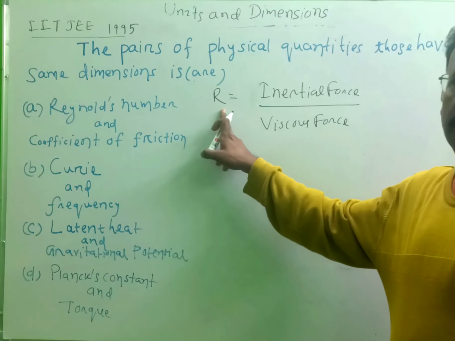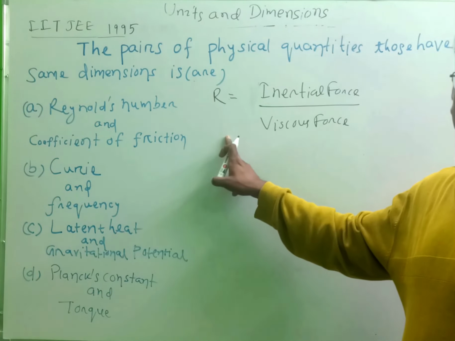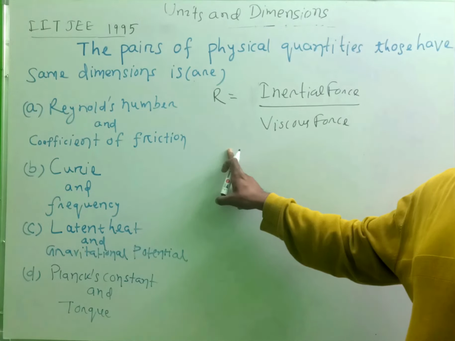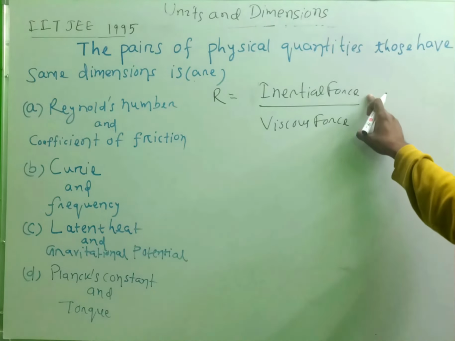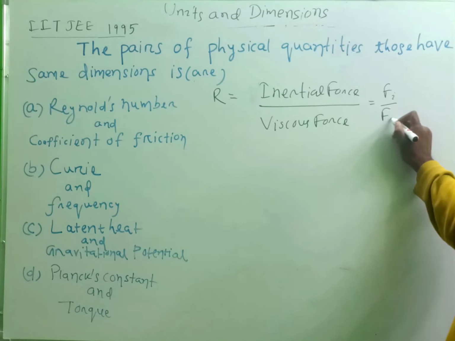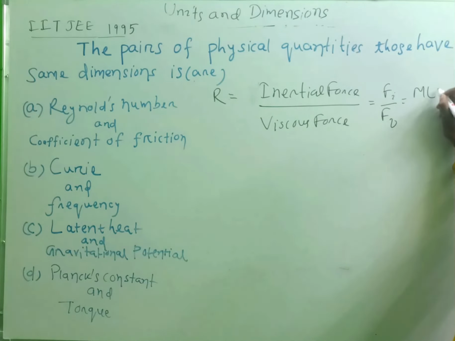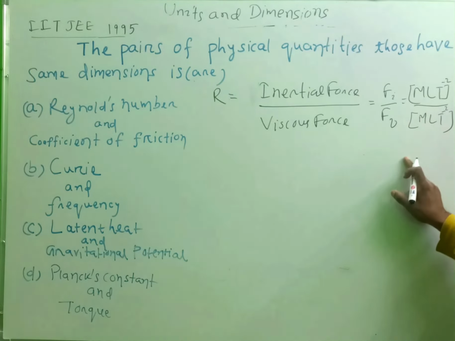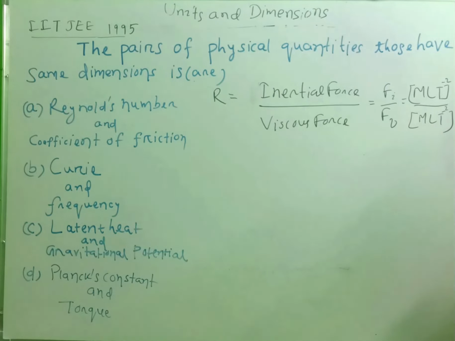So the Reynolds number determines whether the flow of the liquid is streamlined or turbulent. Okay, student. Then this is the ratio of two forces, Fi and Fv. Then this is MLT^-2 upon MLT^-2. So this is dimensionless. Reynolds number is dimensionless.